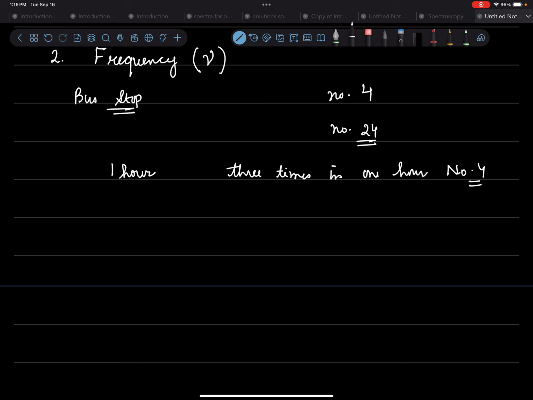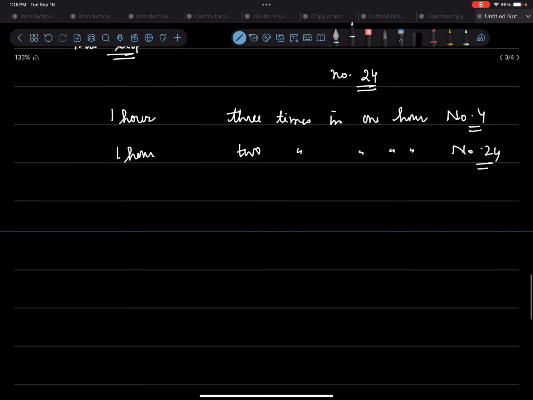So we'll say that the frequency of number 4 bus is 3 times per hour. And suppose in the same 1 hour, the frequency of 24 is 2 times. So the frequency of number 24 bus is less than that of this one.